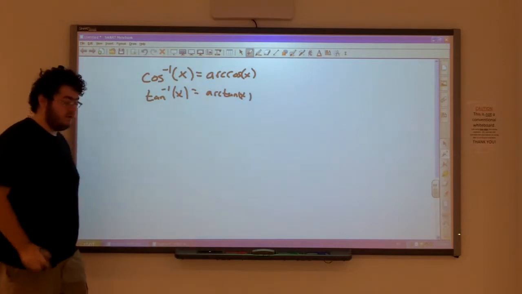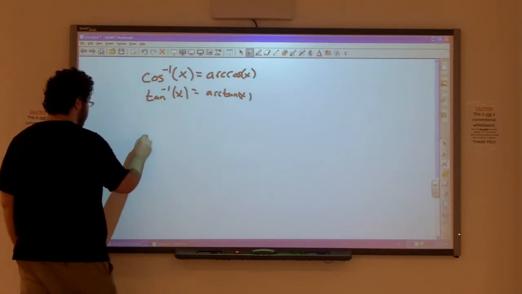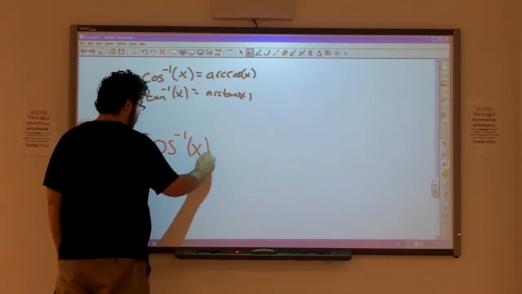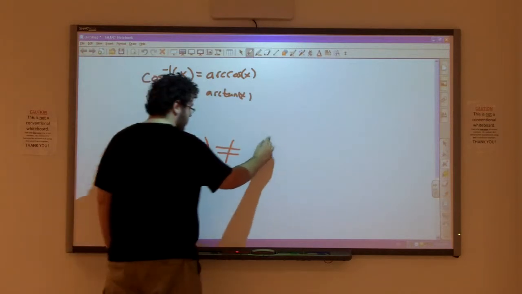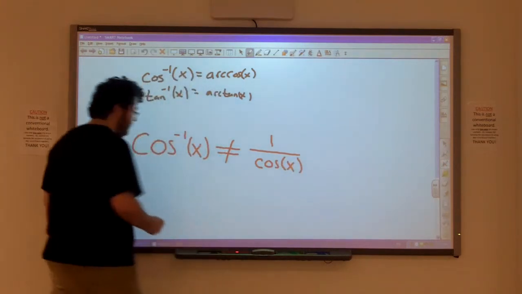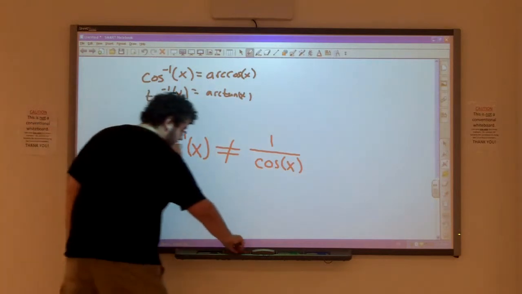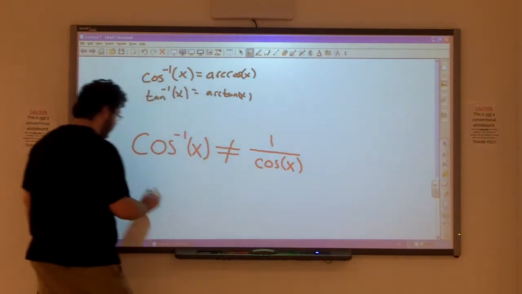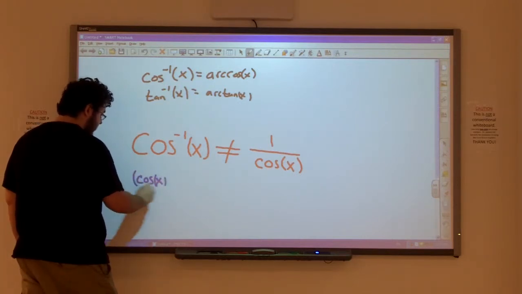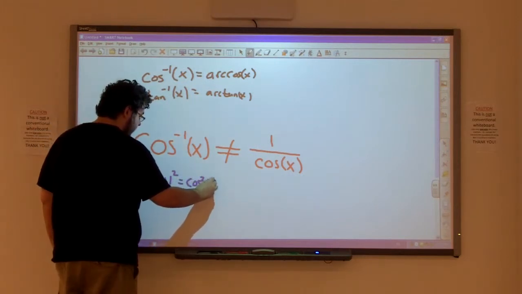Now once again, I'm going to stress this because this is such a huge mistake that people make. This object is not that. And the reason people make this huge mistake is because for some reason we like to say cosine of x squared, and we write that as cosine squared of x.